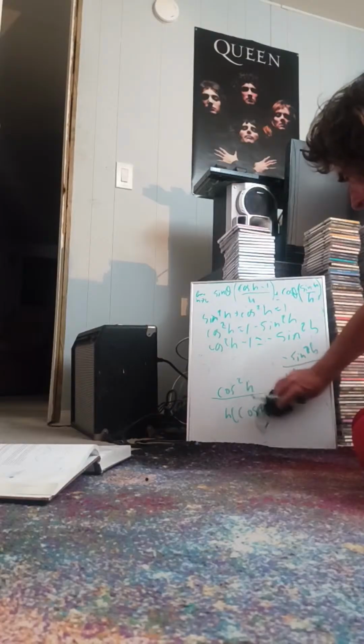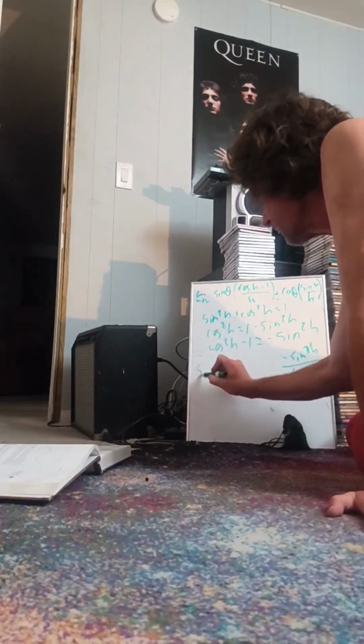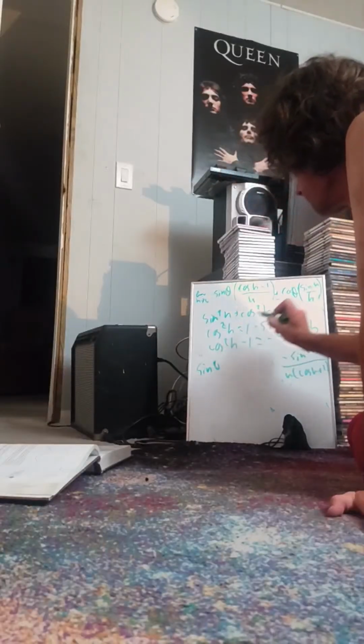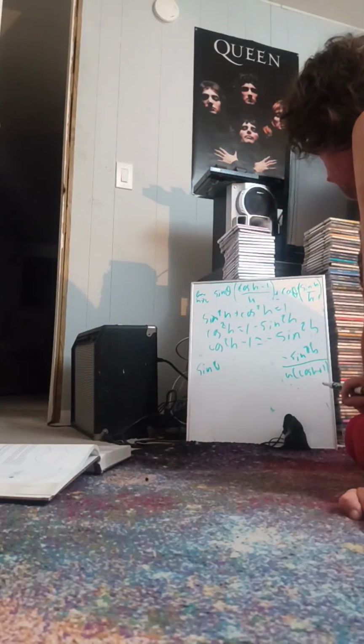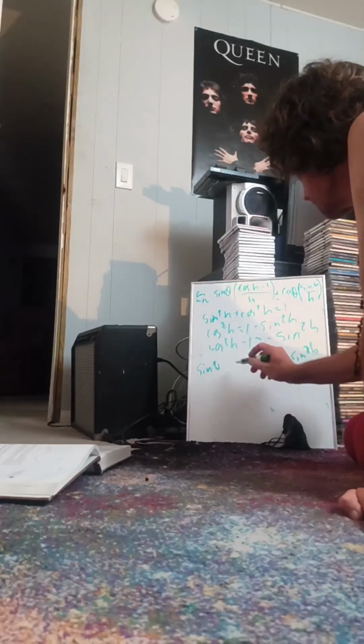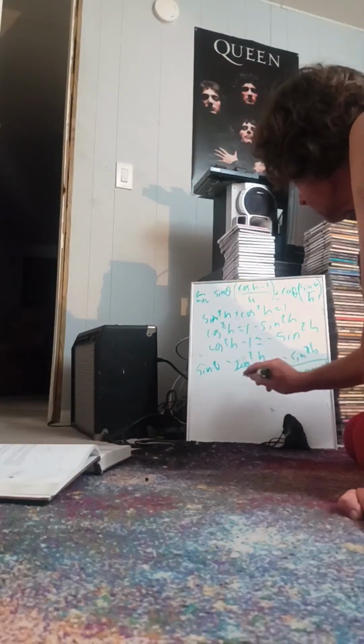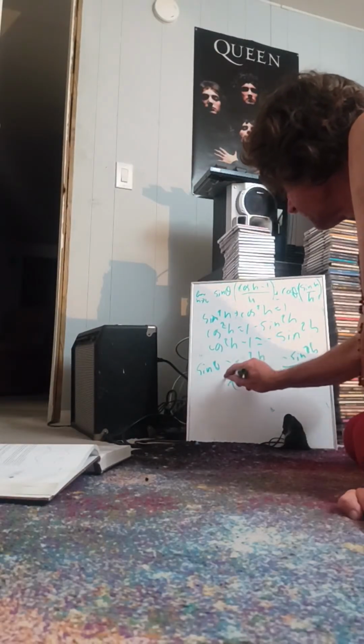So now the problem becomes you have the sine theta times minus sine squared h all over h times cosine h plus 1.